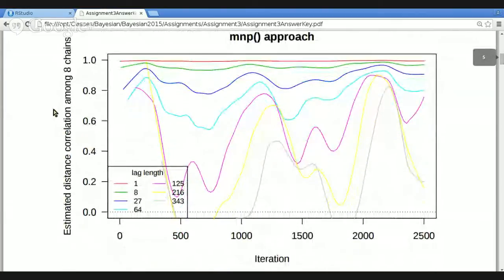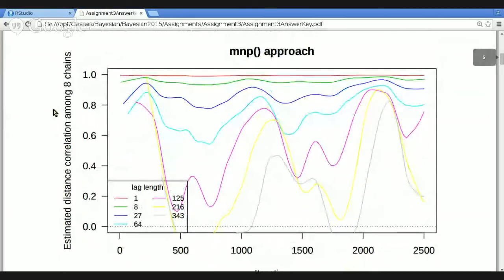If we look on page 5 of the PDF, we can see the dependence plot that I like to do for the first approach, MNP. In this case, we can see that it's not doing particularly well. At a lag length of 1, which corresponds to the red line, we essentially have almost perfect dependence among consecutive draws.